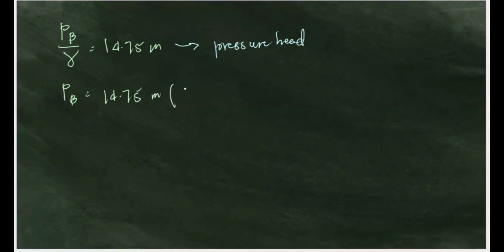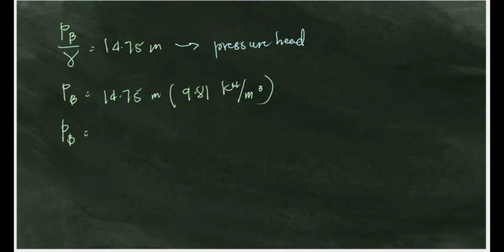So, this will become our water kasi gumamit tayo ng mga specific gravity, 9.81 kilonewton per cubic meter. So, it will give us a value na naka kilopascal or that is kilonewton per square meter.